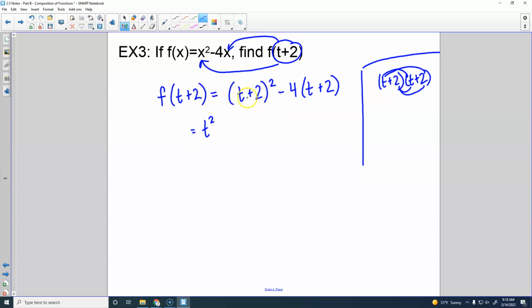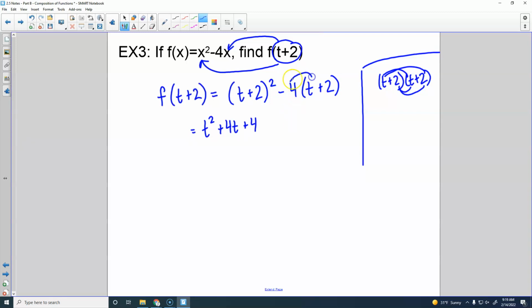Double, you're going to multiply the 2 together. t times 2 is 2t. And double it, so you multiply it by 2, which is going to give you 4t. And then square the last, which will give you 4. So t plus 2 squared is going to be t squared plus 4t plus 4.